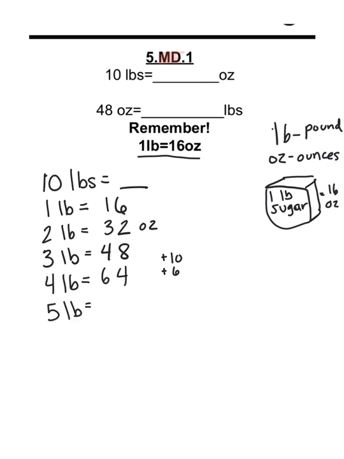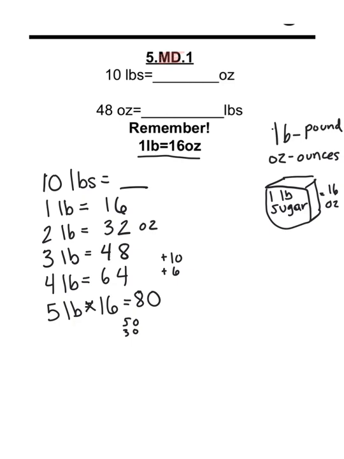What about 5 pounds? You know what? I think an easier way would be to take our number of pounds, multiply it by our ounces in each pound to get our total. So for this, we could do 5 times 10, which would get us 50. And then 5 times 6 would get us 30, so that would be 80.